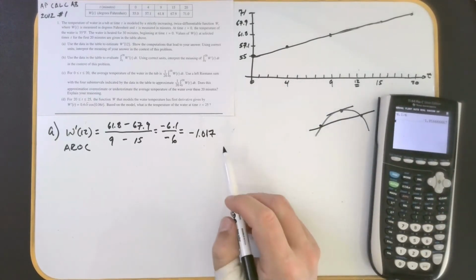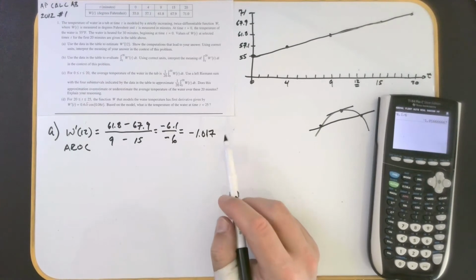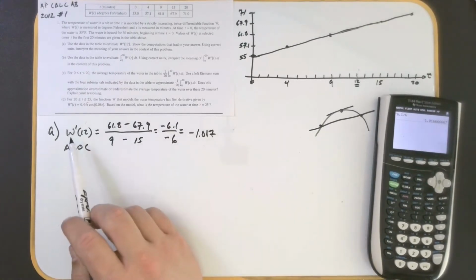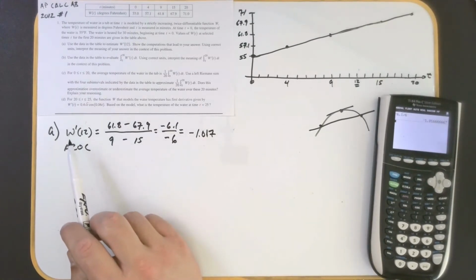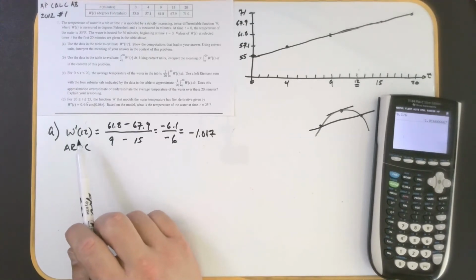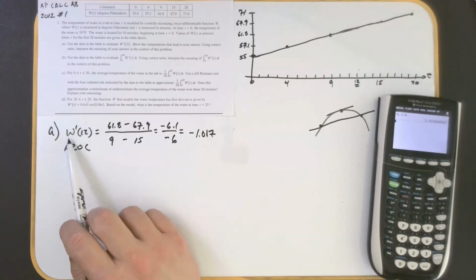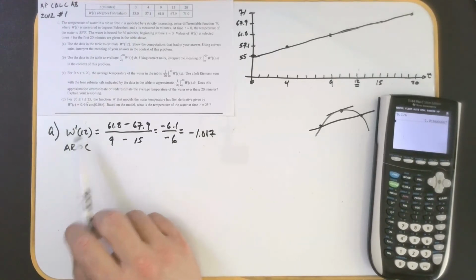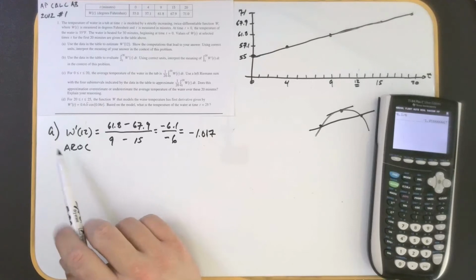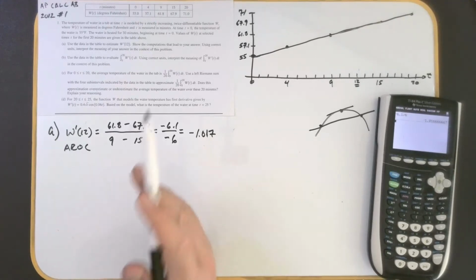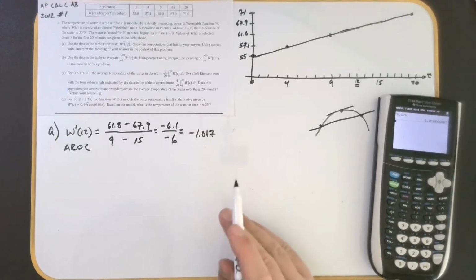But more importantly on this question now is the labeling. So if the function W is the temperature of the water in the tank, the derivative, or the rate of change, because this is approximating instantaneous rate of change with average rate of change, but regardless, we're trying to find the rate of change of the temperature of the water in the tub.